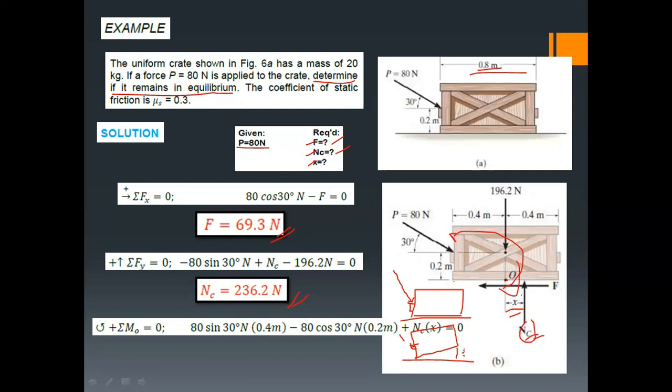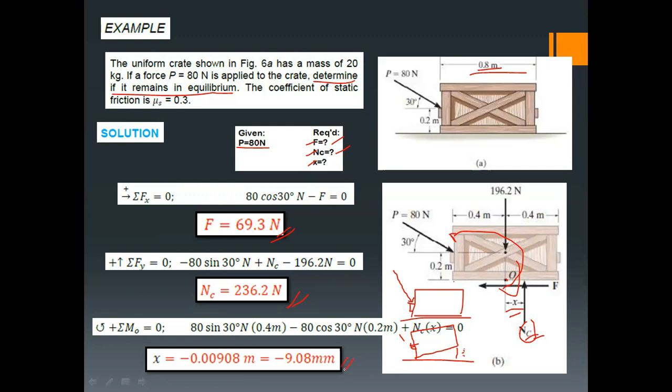So NC times X, because we don't know where its force is or whether it moved. So we have 0.00908 meters, or negative 9.08 millimeters, for the movement.